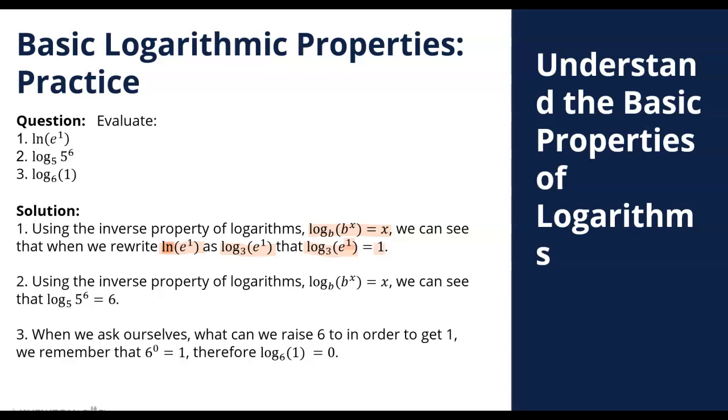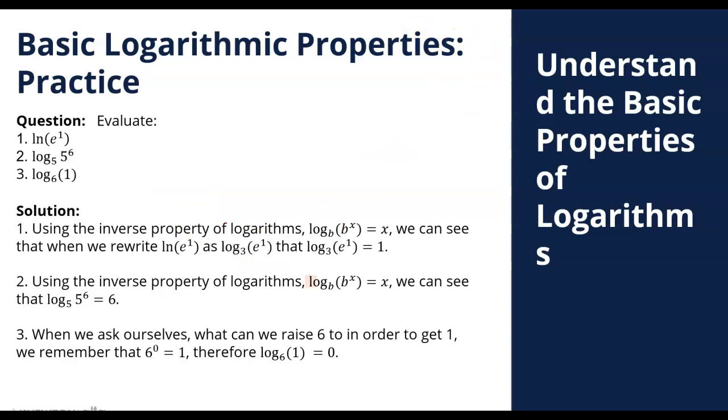Using the inverse property of logarithms, namely log of b to the x base b is equal to x. Next, for number 2, we want to evaluate log of 5 to the 6 base 5. In here, we can still use the inverse property of logarithms.